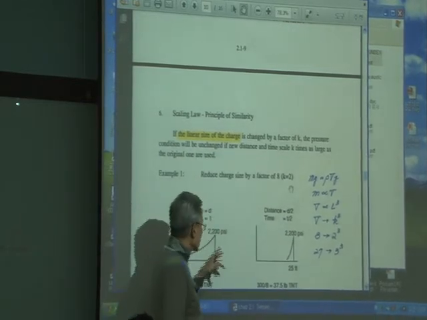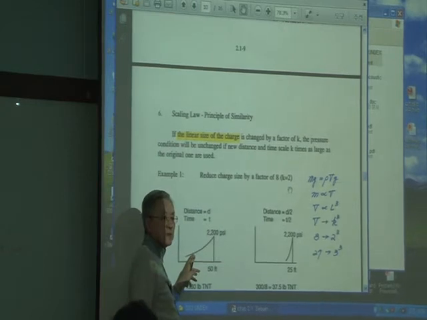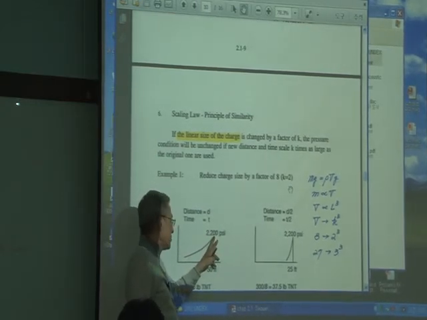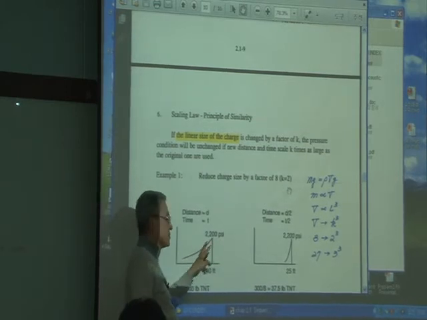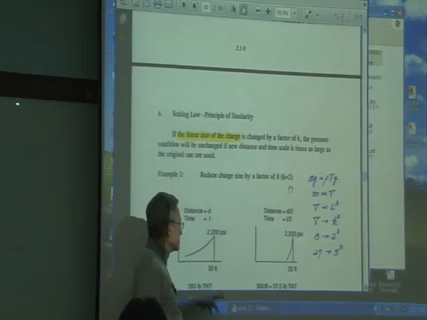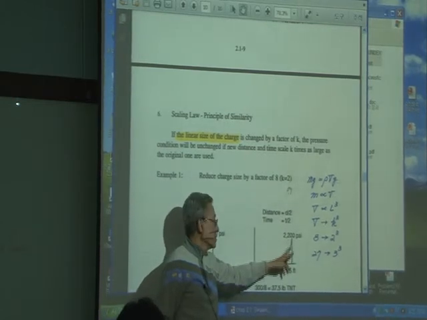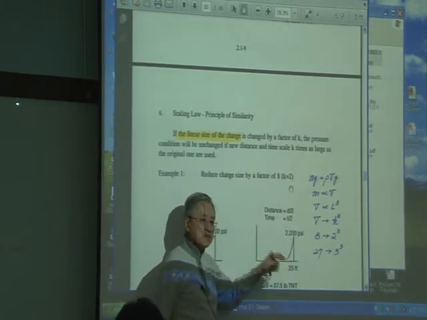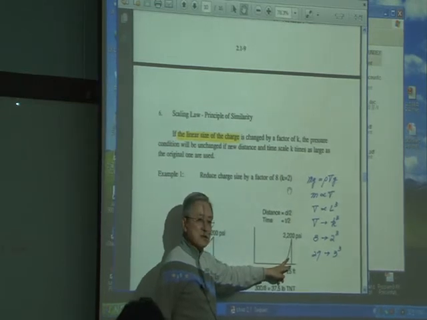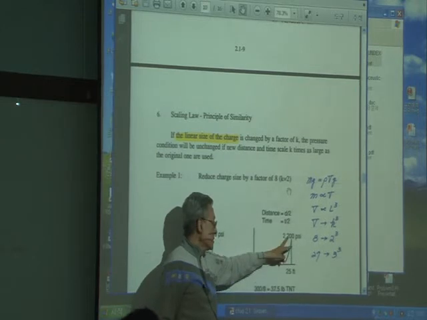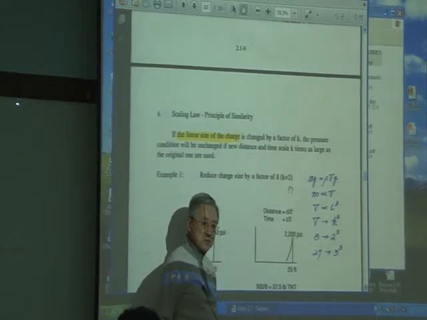However, the tail end is different. Pressure magnitude is the same, but the decay rate of the tail is different from the decay rate of the reduced size of charge. Makes sense. But at least the peak pressure is the same.